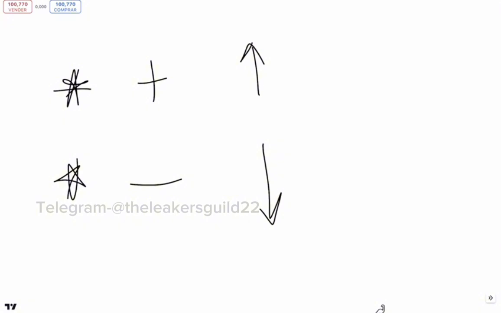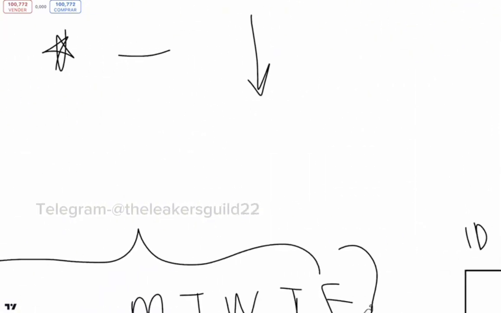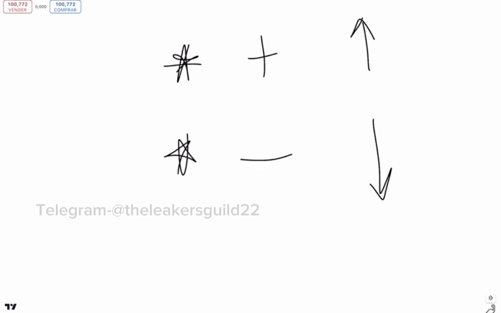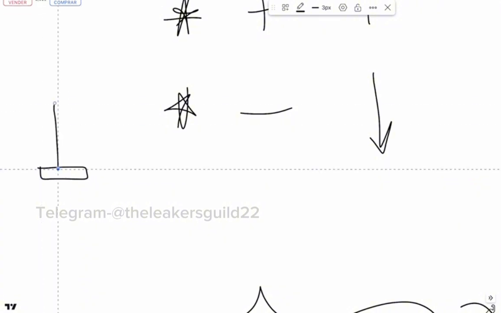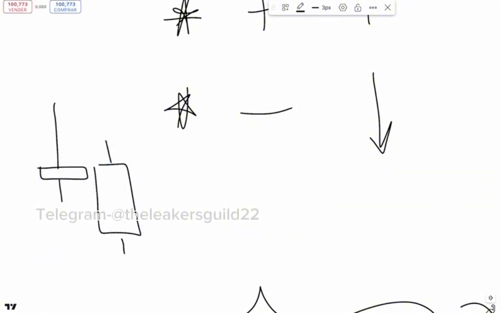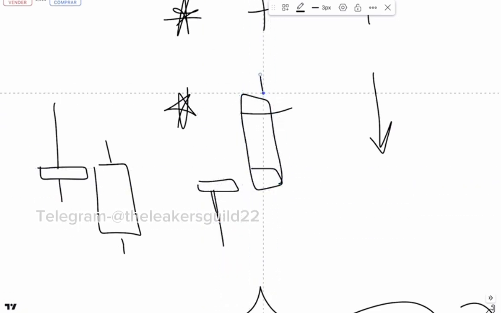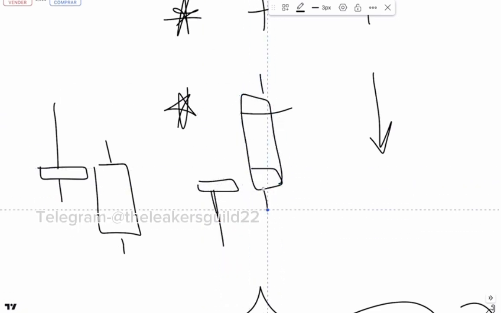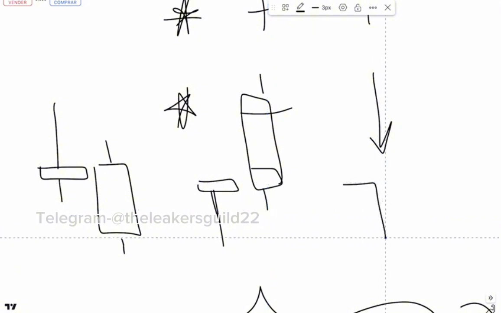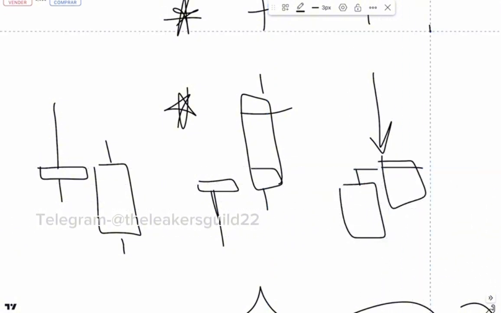Right? How do you determine where price is going? The good old if-then principle, right? So wick above, next candle, lower prices. Wick below, higher prices. Close above, higher prices.